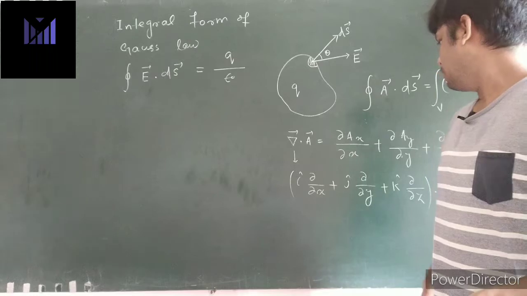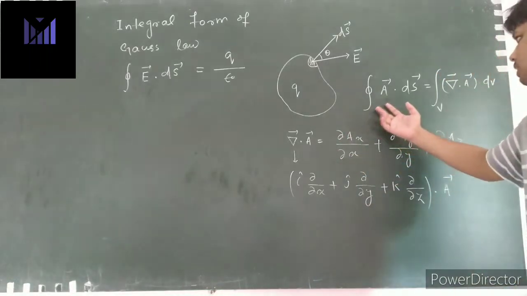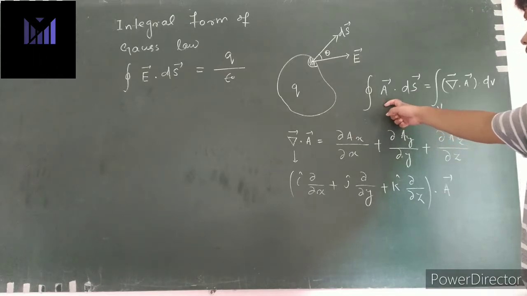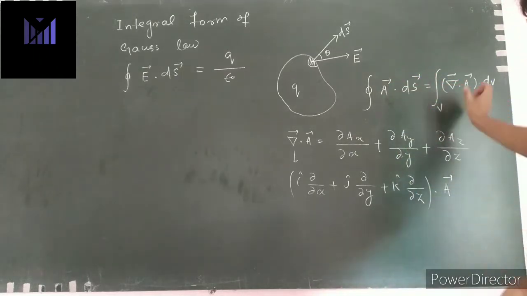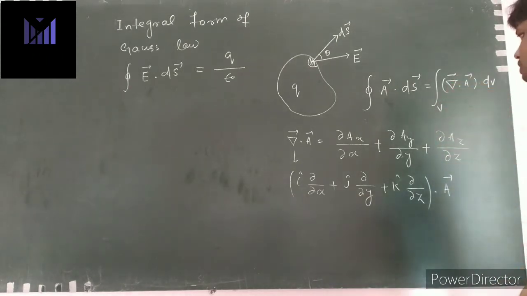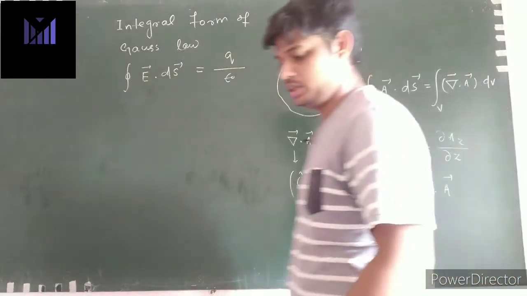Here we saw that the surface integration of a vector quantity along a closed surface is equal to the volume integration of the divergence of that vector quantity throughout the volume which is enclosed by that surface.